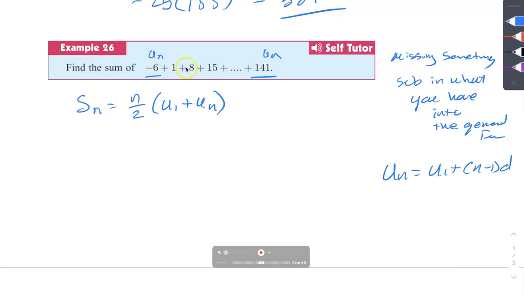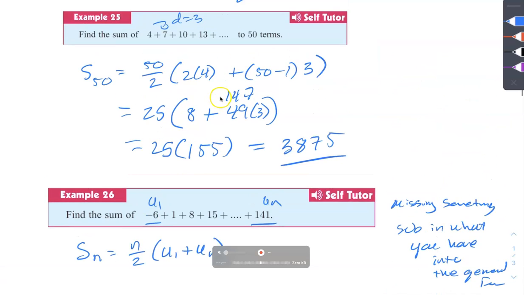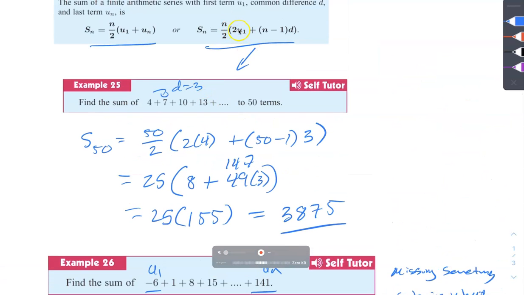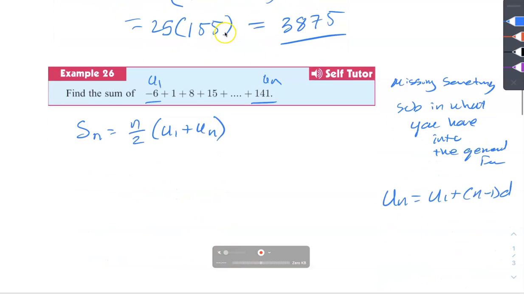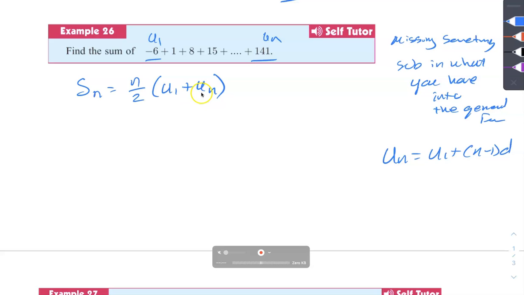I have u1, I have un, I don't have n. Even if I used the other formula, it would be the same problem. If I was using this formula, I would have u1 and the common difference d, but I wouldn't have n either way. So in this case, I'm going to use the easier one. But anytime you're missing something, in this case I'm missing n, you plug in what you have into the general formula.